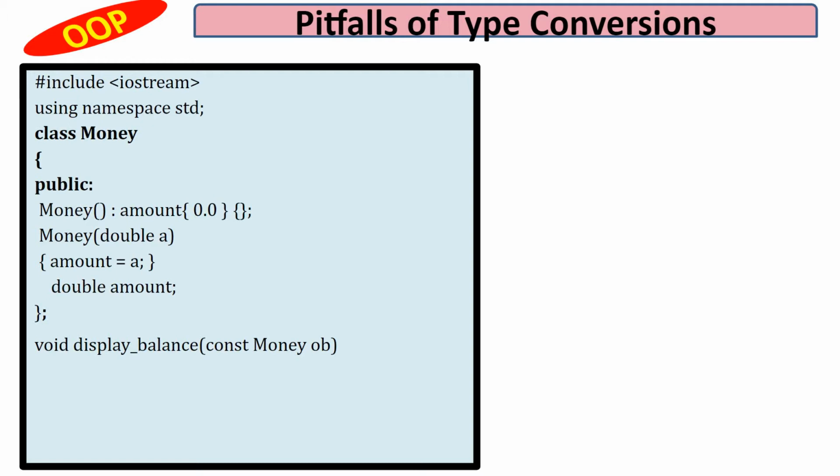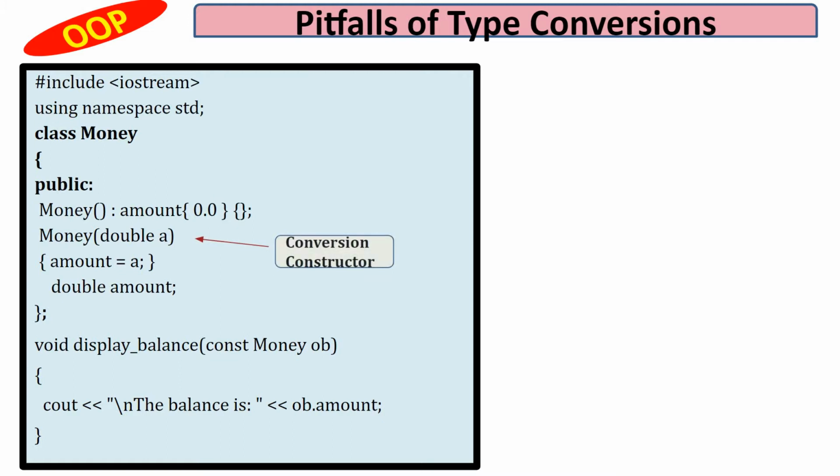Now if you identify, void display balance is actually a non-member function, it is not a member function of Money. So that is why to define display balance you need not use the class name and scope resolution operator. Now in display balance, when it wants to display the value of the amount, you just cannot write cout amount, you have to write ob.amount, because using an object only, the amount will be accessed by a non-member function display.